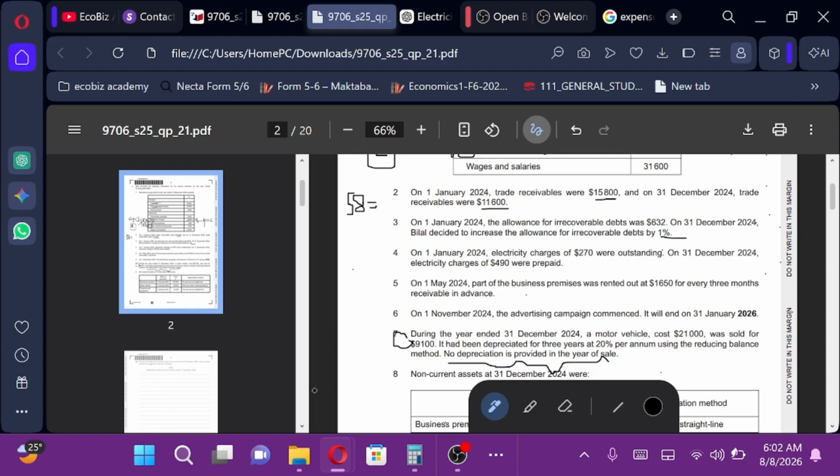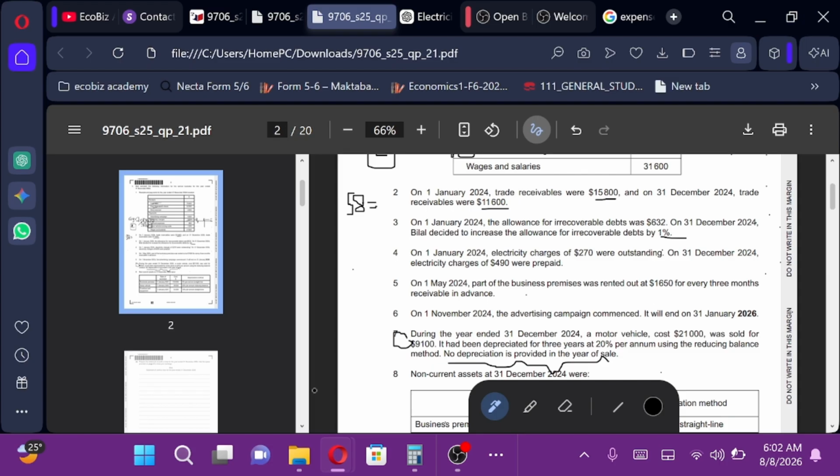So outstanding basically means was not paid in this year. So when it says 1st of January 2024, that means it's accrued, brought down from the last year. So it's the amount that was not paid last year, but then we're recording it now in this year. So we have to less it from the total amount of electricity charges, because what they're giving, this data, is not actually for this year, and we don't want the ones for other years.